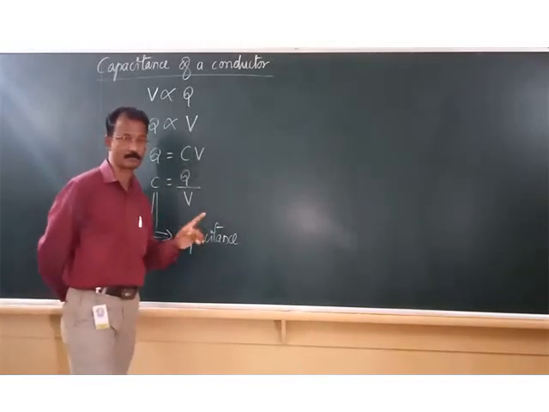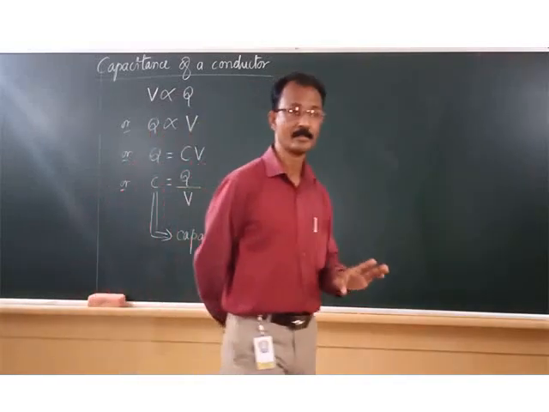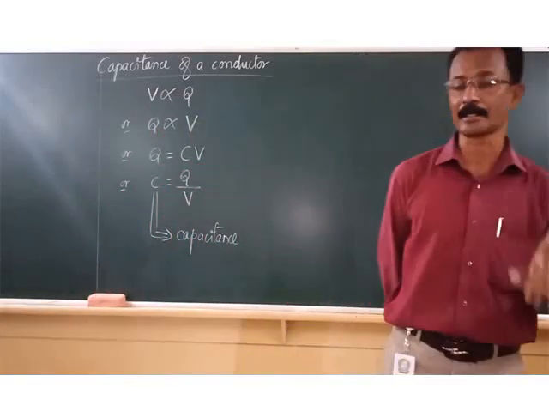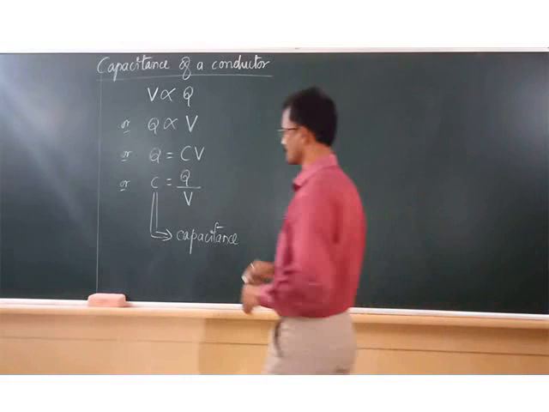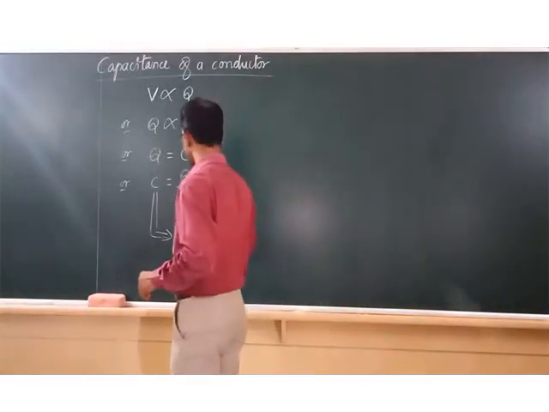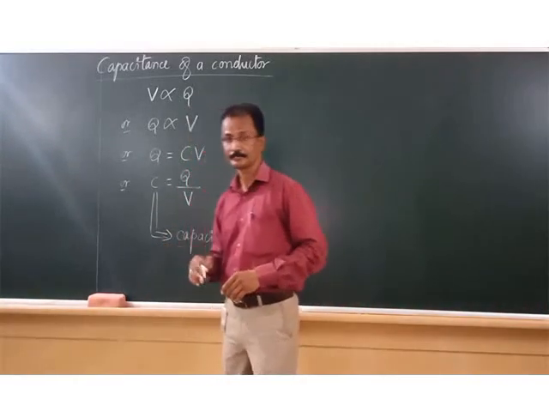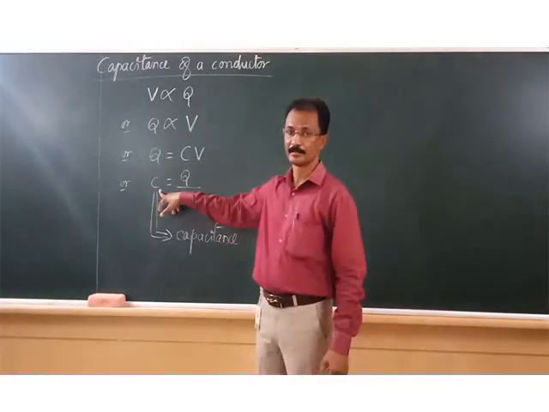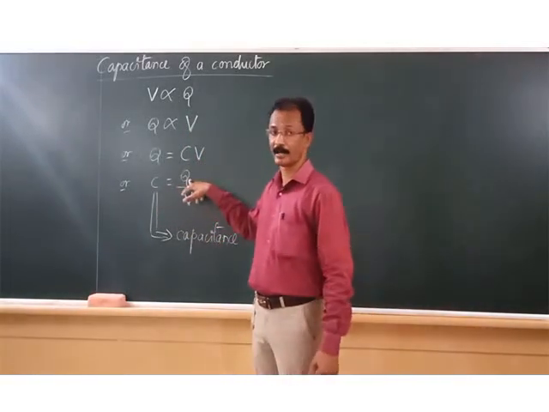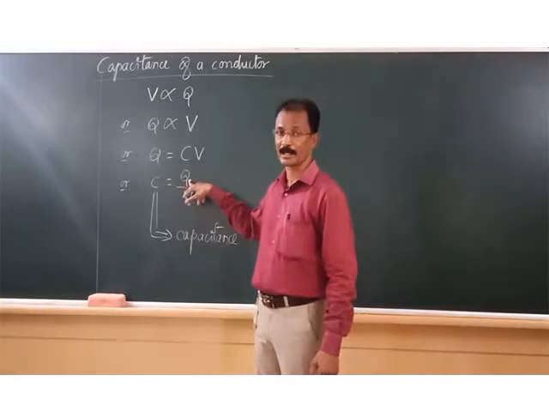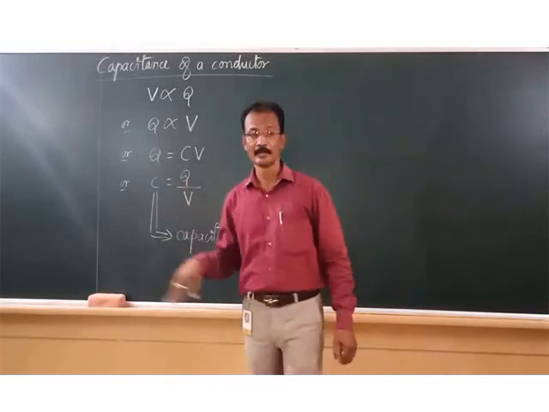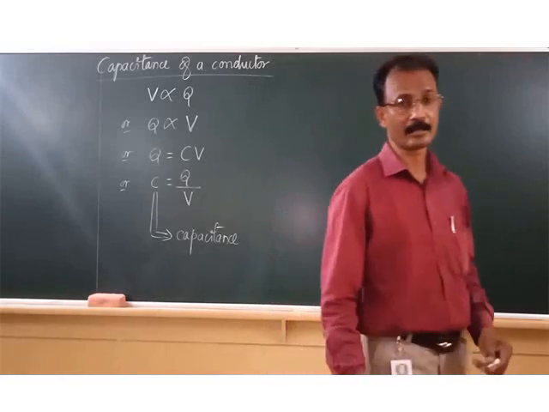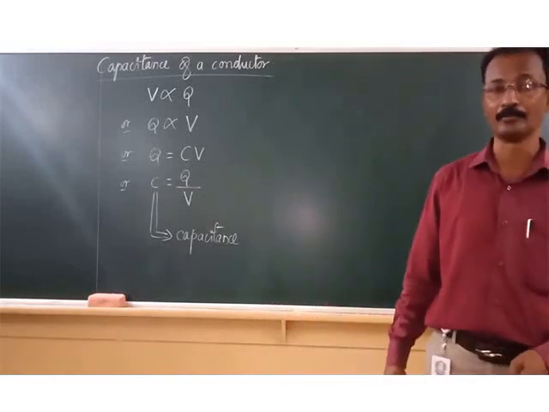The capacitance of a conductor is defined as the ratio of charge on the conductor to the potential difference across the conductor, or the capacitance of a conductor is defined as the amount of charge required to raise the potential of a conductor by unit value.